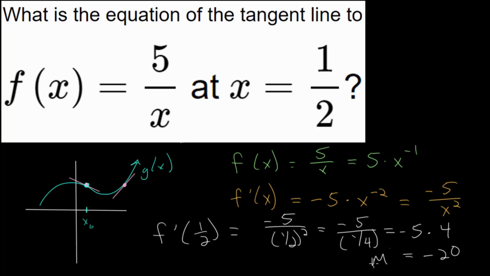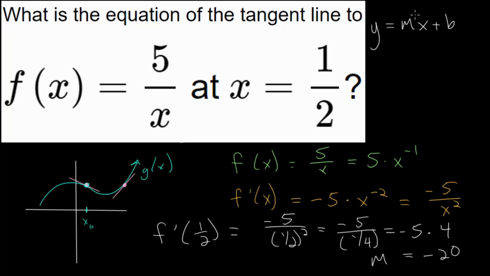We can call this m if we want, since remember the equation of a line we can write in slope-intercept form as y is equal to mx plus b, where m is our slope and b is our y-intercept. So we have the slope, but now we need to figure out what the y-intercept will be.